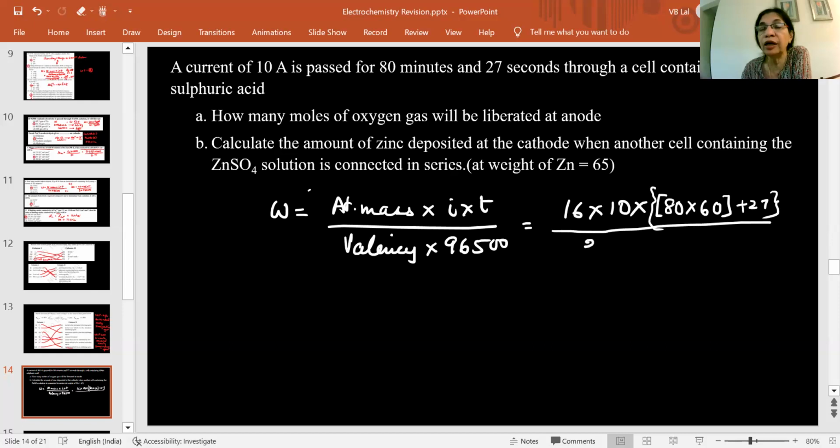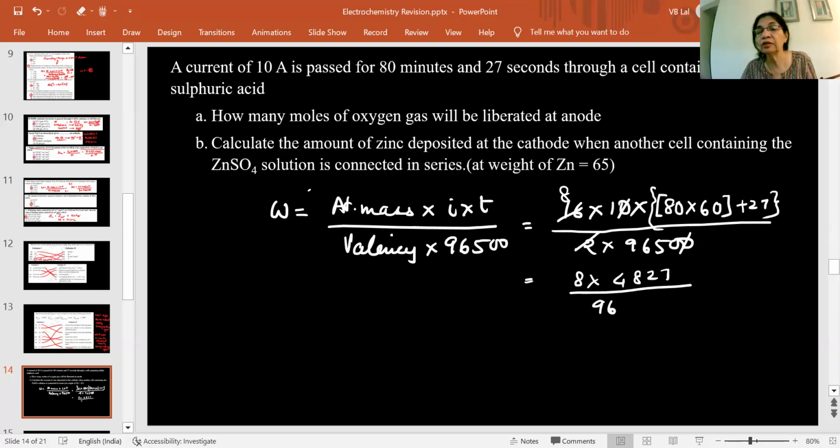And divided by valency 2 into 96500. Okay. So what will you get? This and this cancel. You will get 8. This and this cancel. So you will get 8 into 4827 divided by 9650.